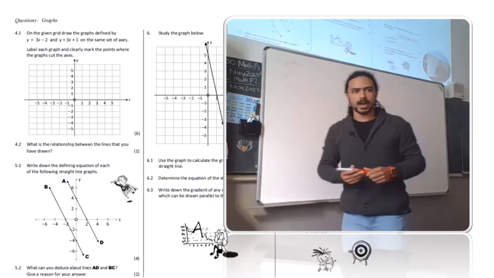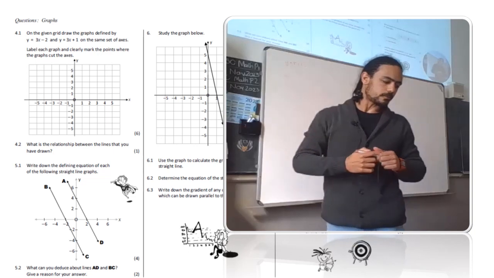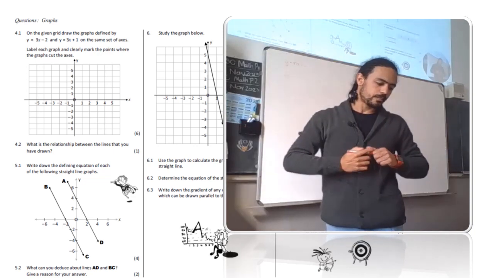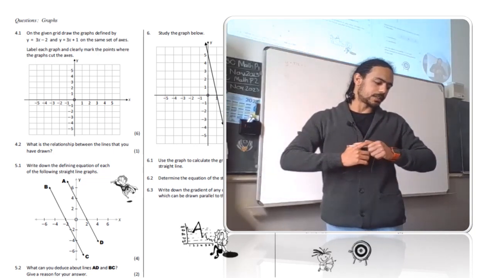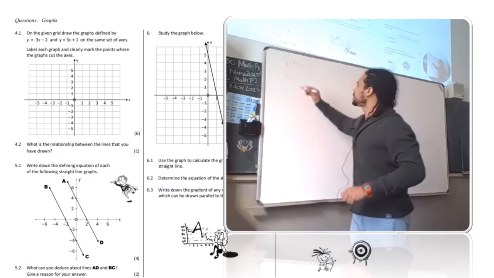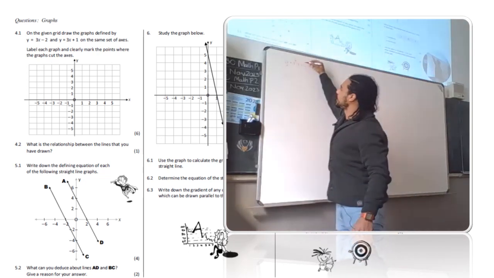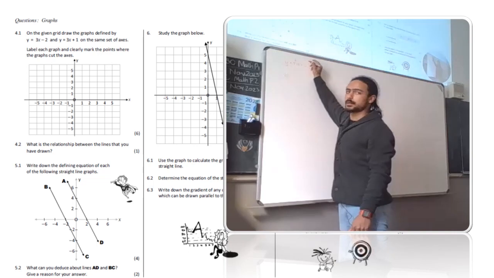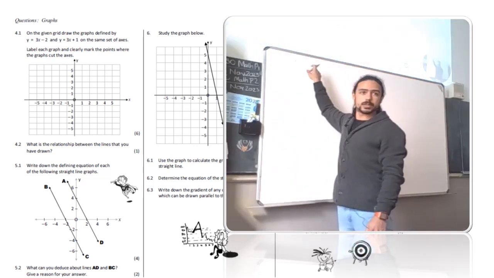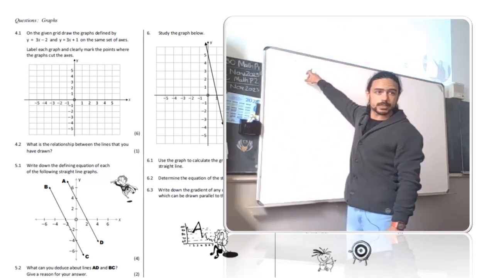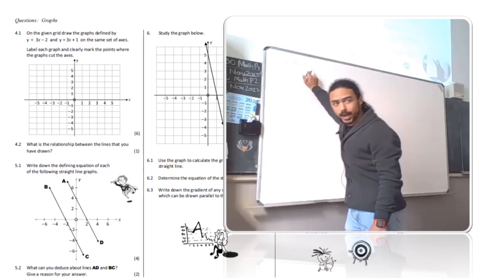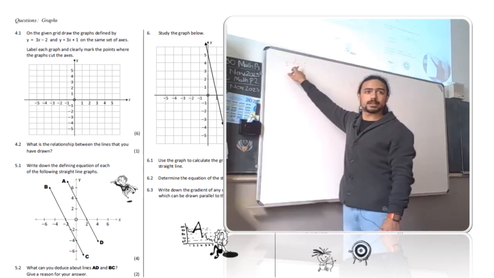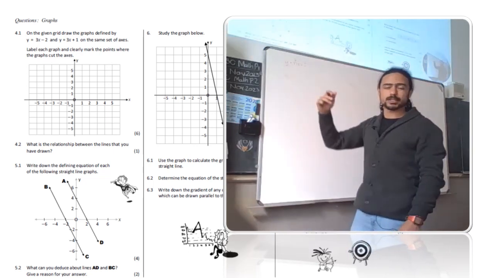To determine the equations, we need to determine the m variable and the c variable. We just said that the c variable is the y-intercept, and the m variable is the gradient, also known as the rate of change.